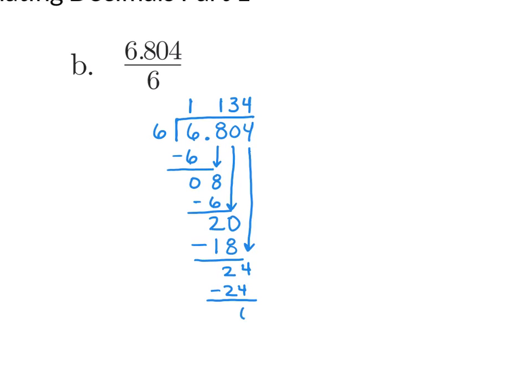And 24 minus 24 is 0. I have no other digits to work with, and so we are done. So my last step is to move my decimal point straight up into my answer, and so we get 1.134. And we're done with this one.